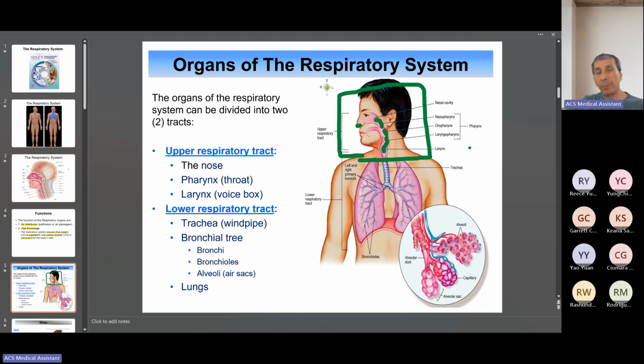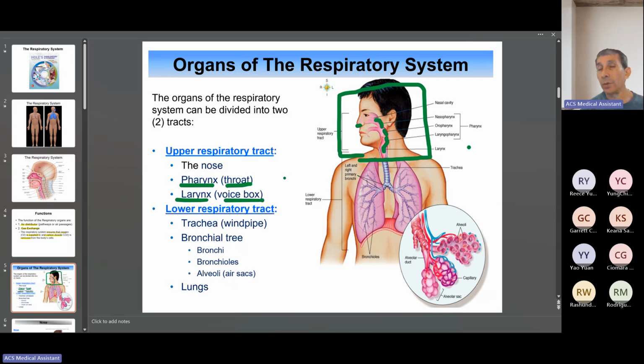Now, upper respiratory tract infections and conditions are a lot easier to treat versus the lower part. Know these terms, pharynx or throat, larynx or the voice box, because they're going to ask you. The larynx is also known as the voice box.